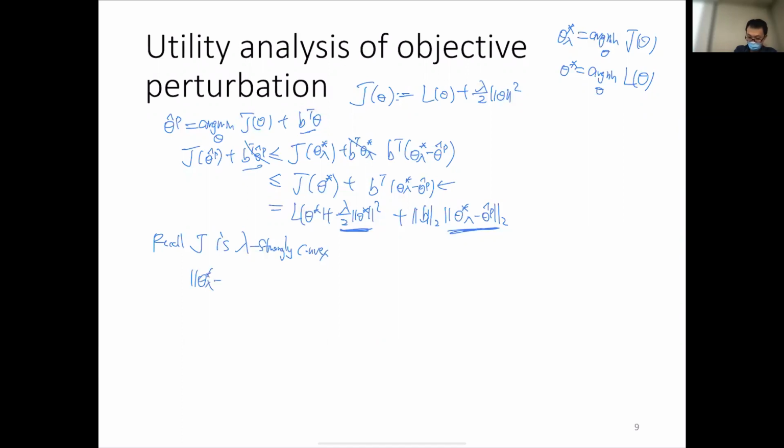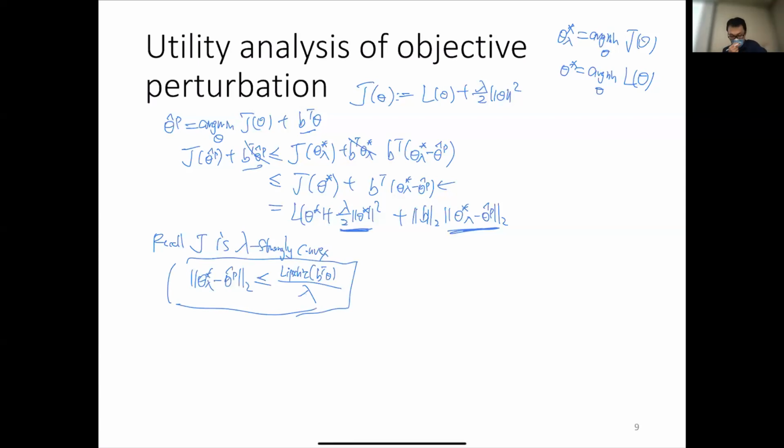the perturbation of these two values by this Lipschitz constant of B transpose theta over lambda. So this is applying the same stability lemma that we've got. And what is the Lipschitz constant of this?